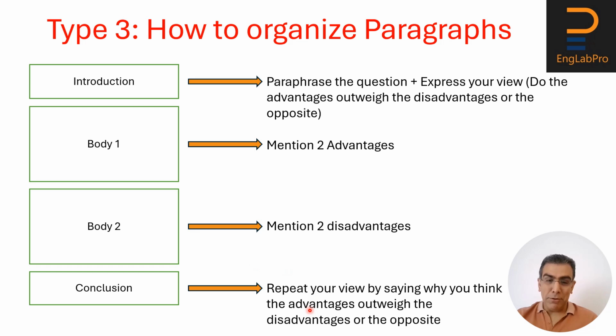And then in the conclusion, again, you should repeat your view by saying why you think the advantages outweigh the disadvantages or the opposite. There should be a reason for your idea, why you think the advantages are more. Why you think the advantages outweigh and have a heavier weight.